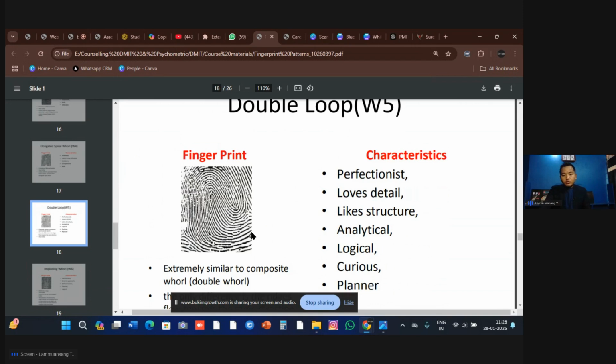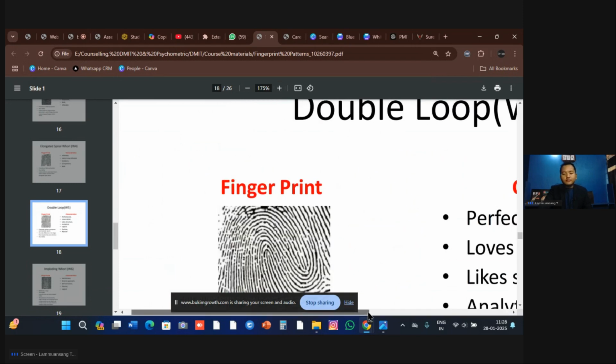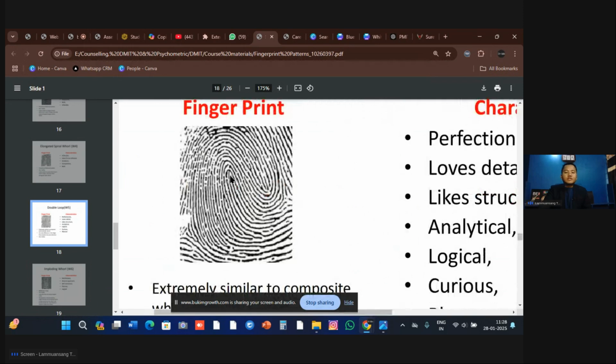So here what you can identify is it has two centers, one center here, another center here, and one tri radius here, another tri radius here. Two tri radius, two centers.